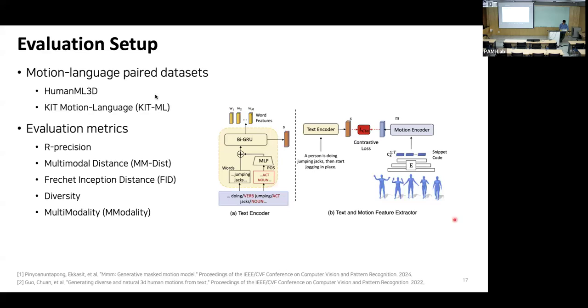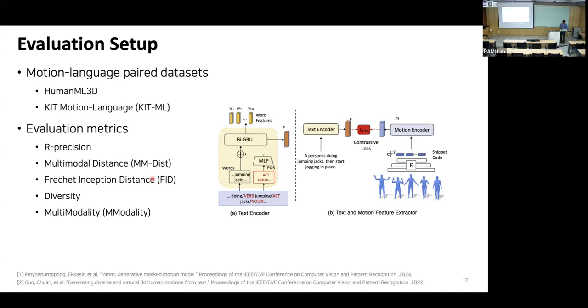And MM-Dist is multimodal distance, and it computes the average Euclidean distance between the motion features of each generated motion and the text features of each corresponding description. FID is just calculating the distance between the features of the generated motion and the ground truth motion.